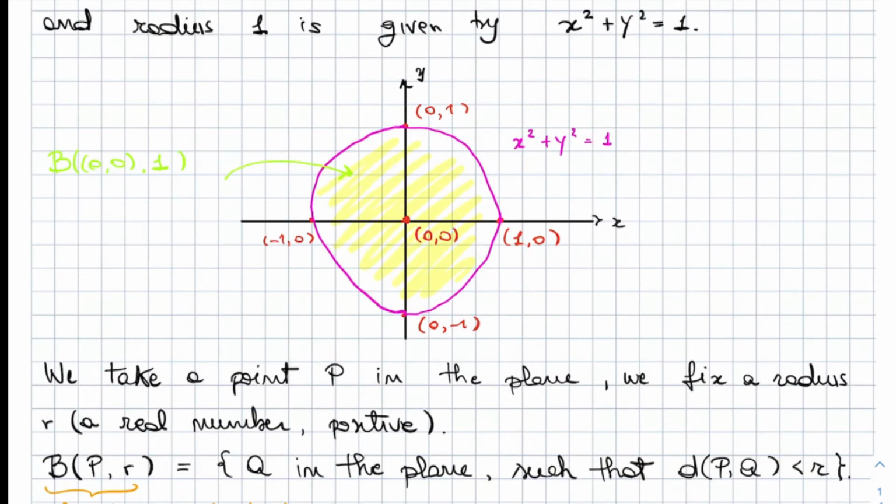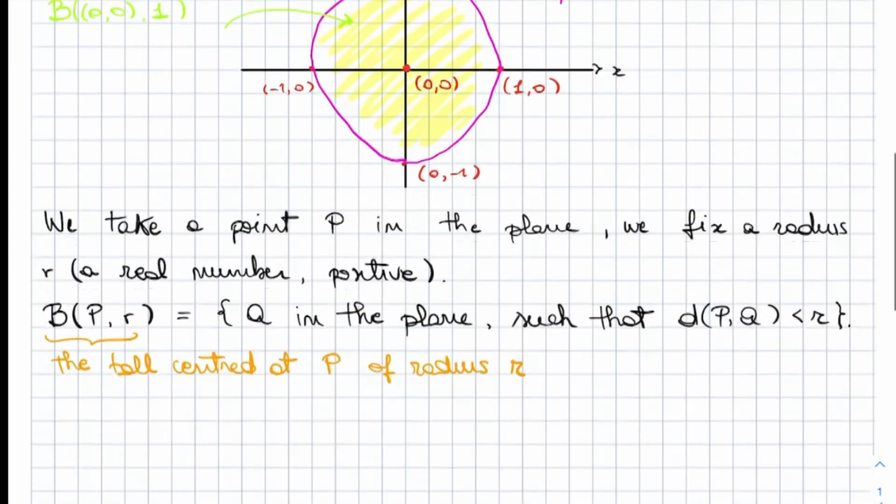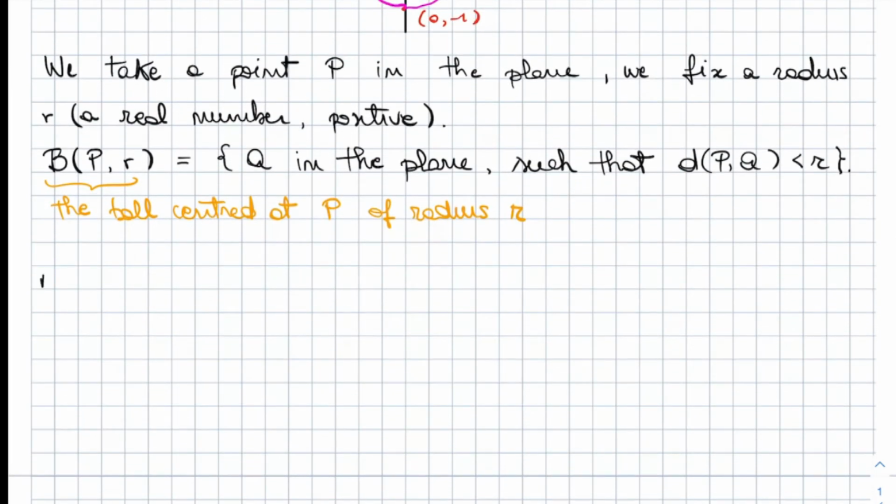What we want to do now is to define a new metric on the plane and see what balls are in this new metric. So we want to define a new distance on the plane. How do we define it?